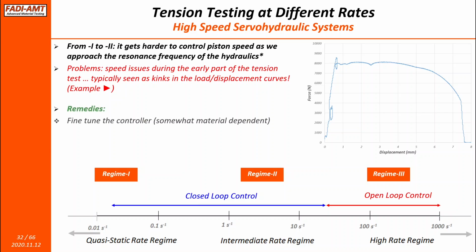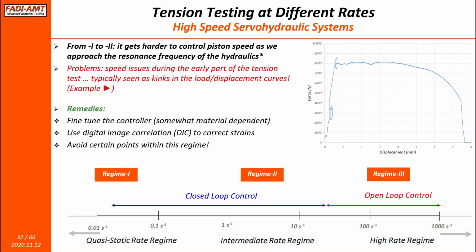Now, how do we solve this problem? You can play with your control parameters or controller parameters to try to improve it. And like I said earlier, this is system related or system dependent. So for each system, you have to tweak as necessary. But one easy solution, if you don't really care about the elastic region, which is typically the case for high-speed testing and intermediate testing, we don't really care about the elasticity, we care about plasticity.